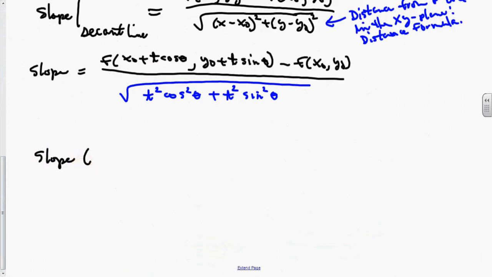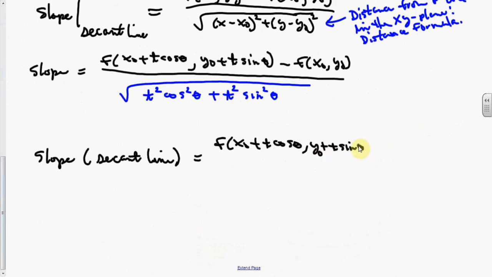So the slope of the secant line is f of x naught plus t cosine theta, comma, y naught plus t sine theta, minus f of x naught, y naught, all over the absolute value of t.